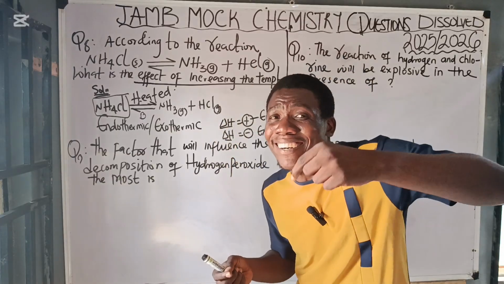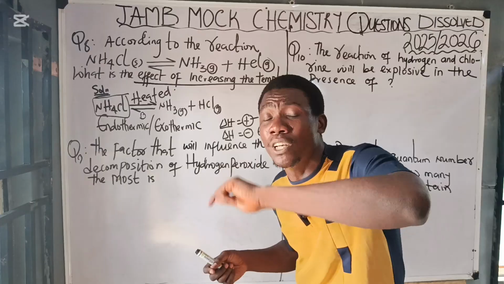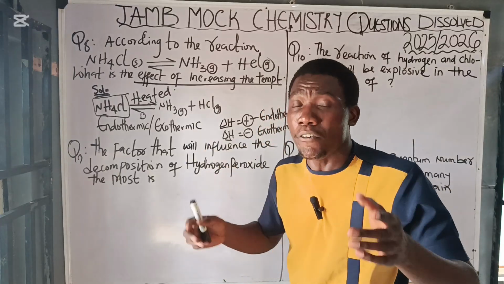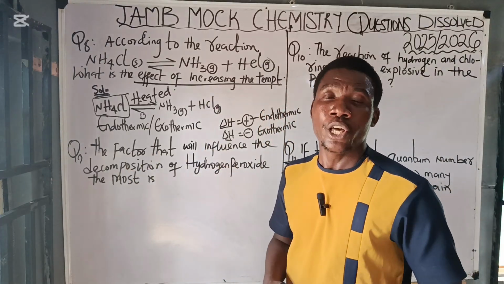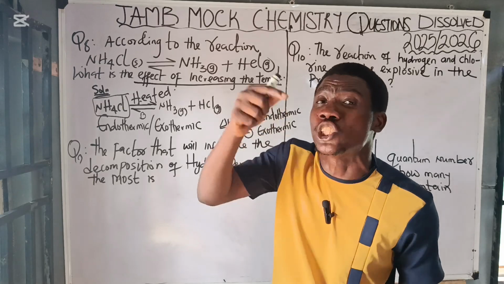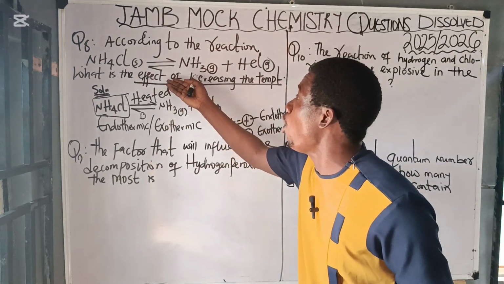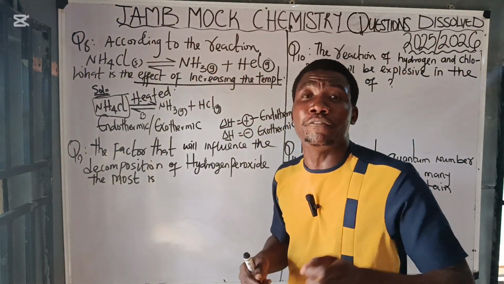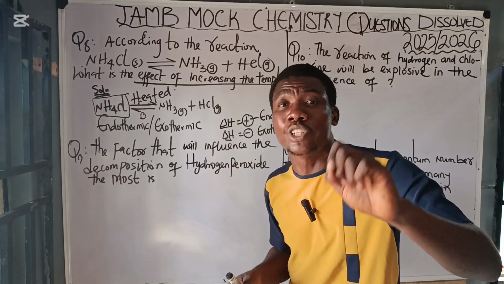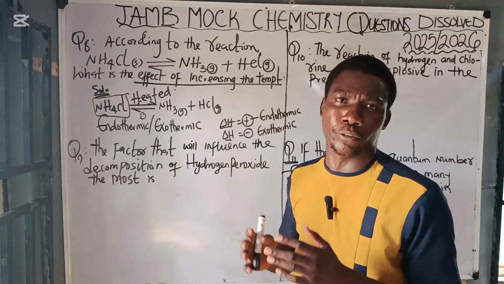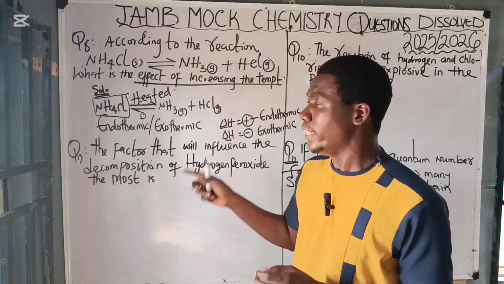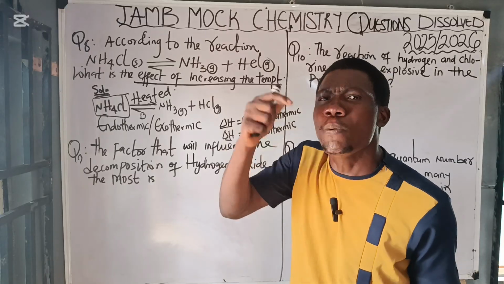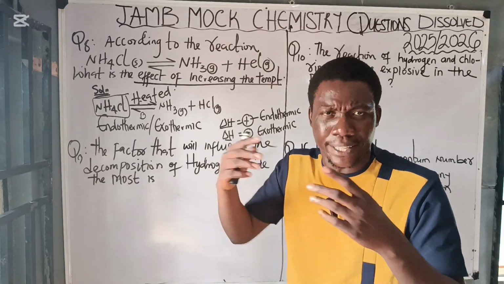Okay, then decrease in temperature will shift the equilibrium position to the left for an endothermic reaction. Now, if I say that the equilibrium position is shifted to the right, it means more of the product will be formed. If I say that the equilibrium position will shift to the left, it means more of the reactant will be formed. So in this question now, it is an endothermic reaction. They say, what will be the effect of increasing the temperature?